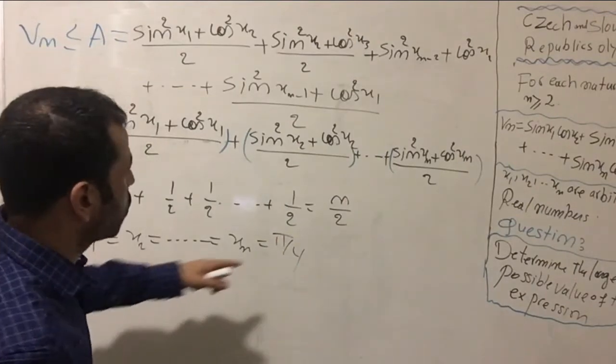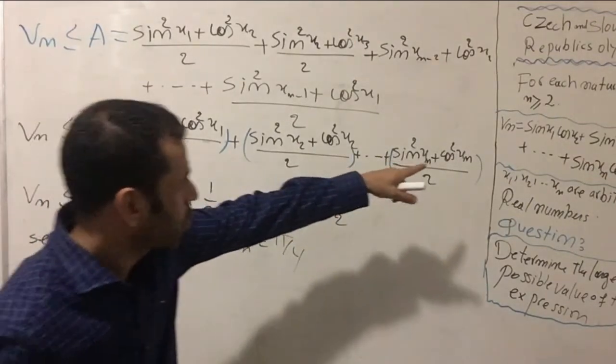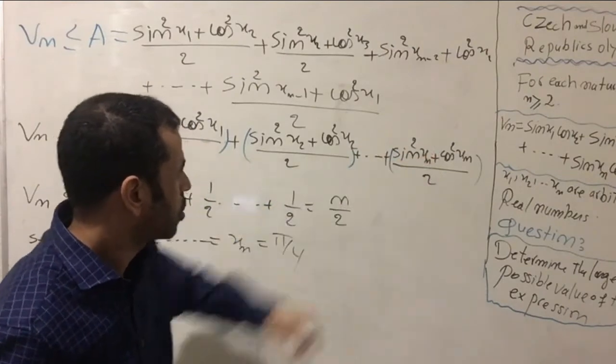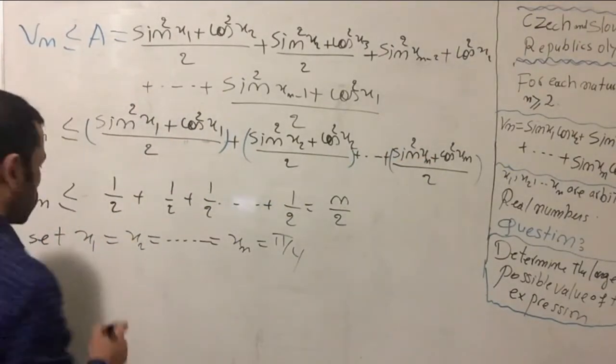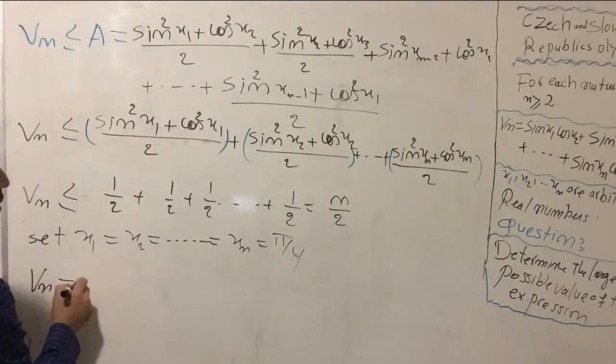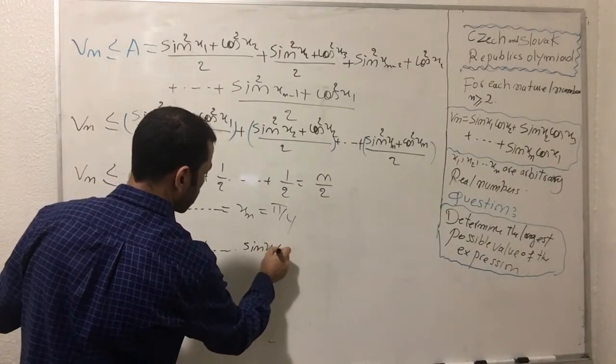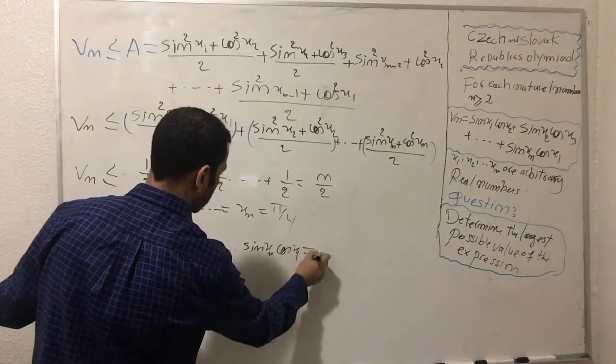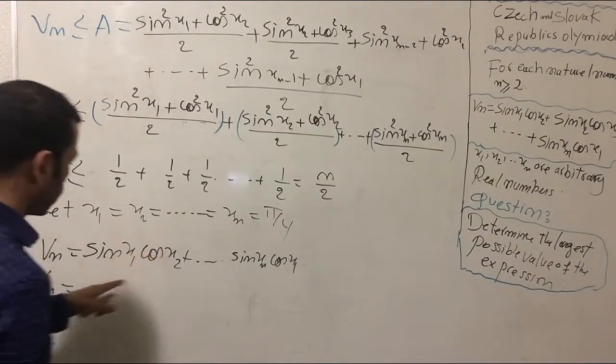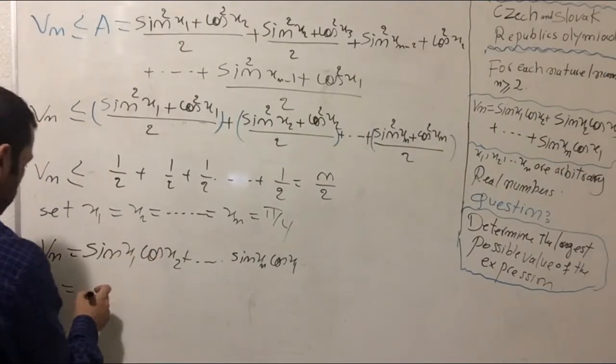Okay, we have our sequence. I'm going to bring this one to the sequence. So I have Vn equal to sine x sub n multiplied by cosine x sub 1. I'm going to plug a pi over 4 into this sequence.